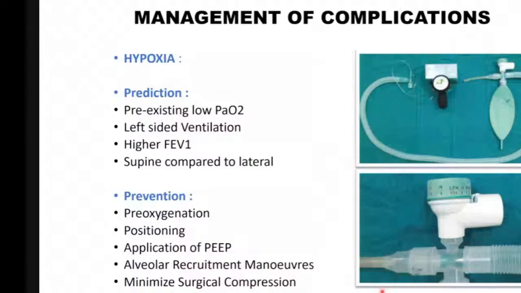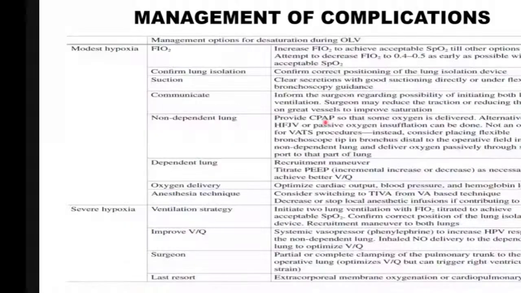We must inform the surgeon immediately that there might arise a situation of both lung ventilation. I can also ask them to reduce the traction in the surgical field. How to recruit these lungs?